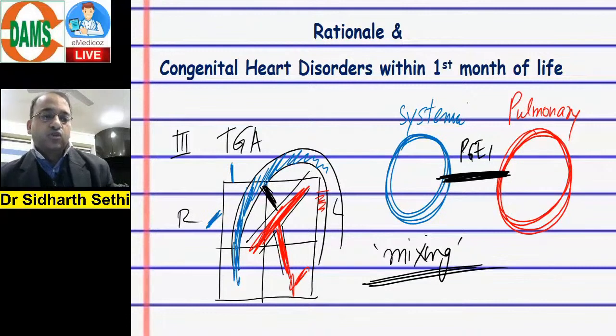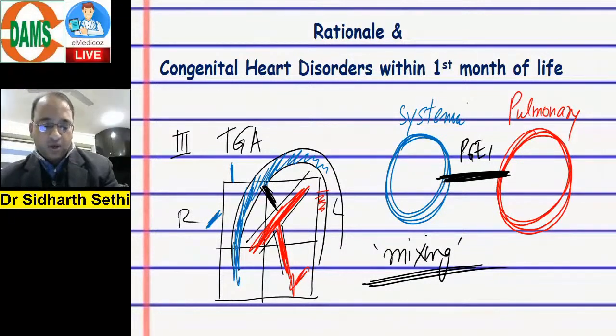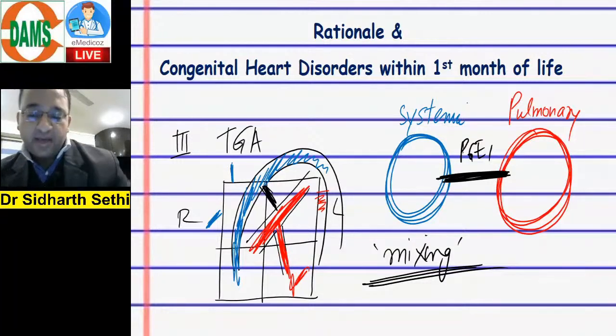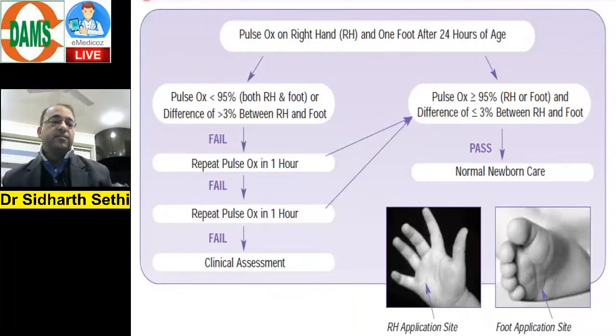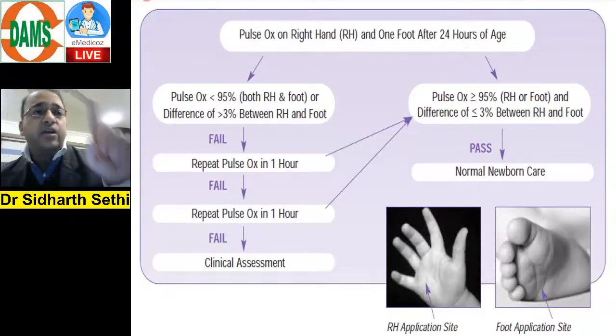Please remember that prostaglandins give him mixing in case of TGA. And remember, TGA is the most common cyanotic heart disease in a newborn.